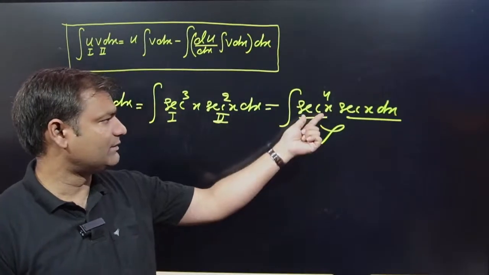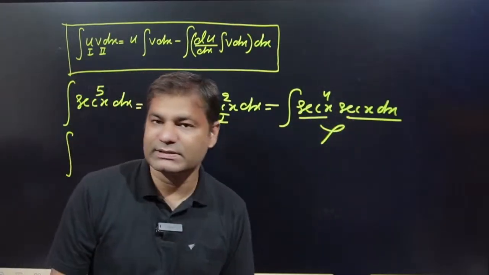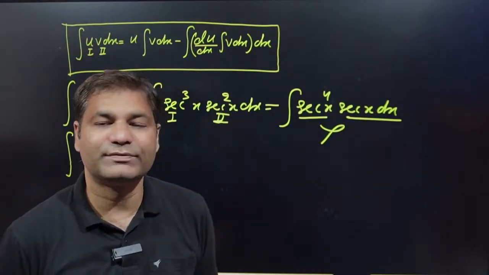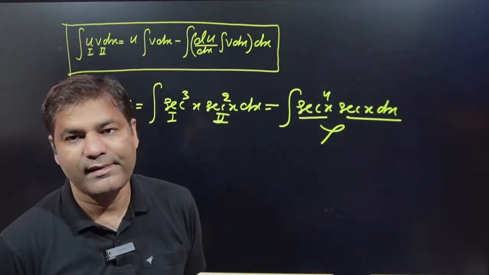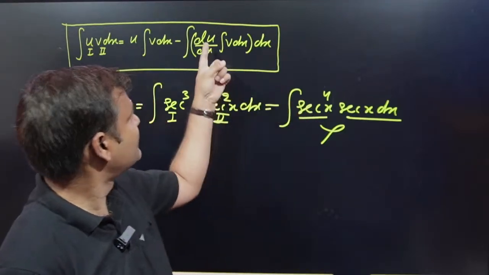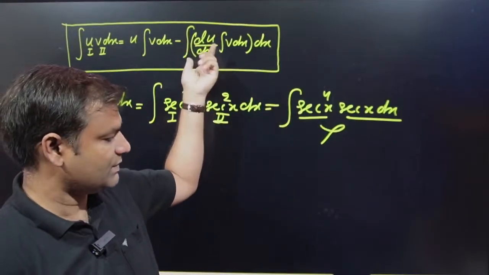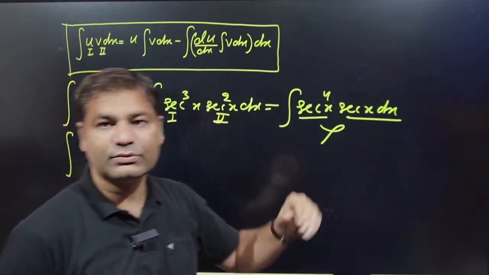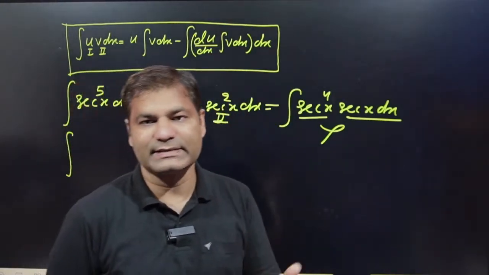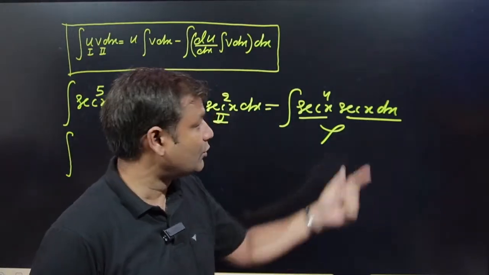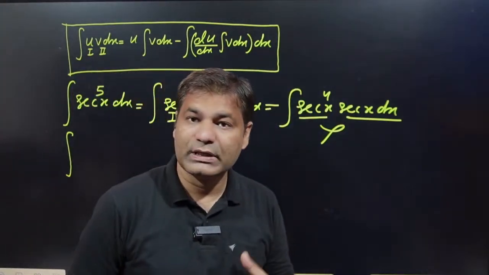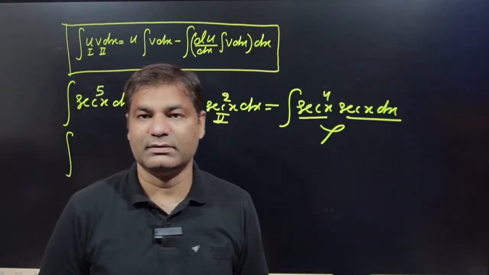Integration of sec x is log of sec x plus tan x, and after that the differentiation of this one is very complicated: 4 into sec cube x into sec x tan x into the integration, log. So that part is again very difficult.